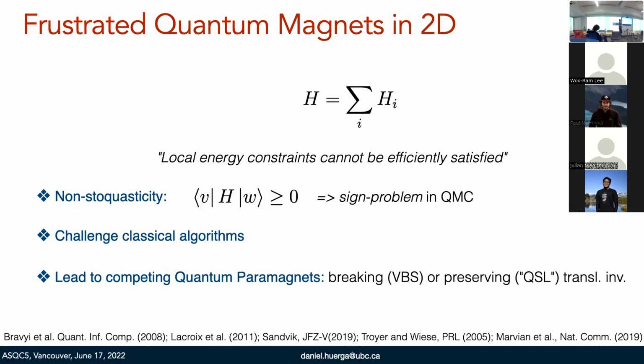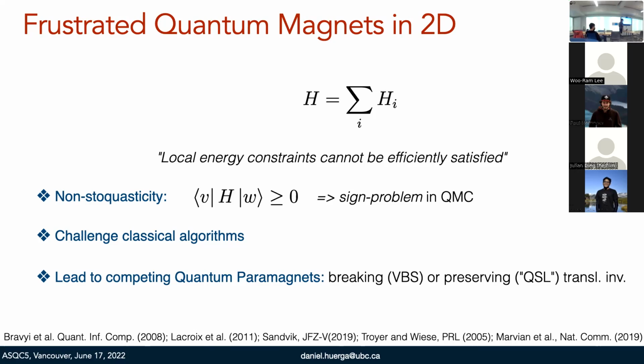Plus, they host competing quantum paramagnets that I may classify very briefly: those which break translational invariance, valence-bond solids, or those that preserve translational invariance, that we may call very vaguely quantum spin liquids, and you can put in that box all short-range entangled or long-range entangled phases or critical ones, etc.